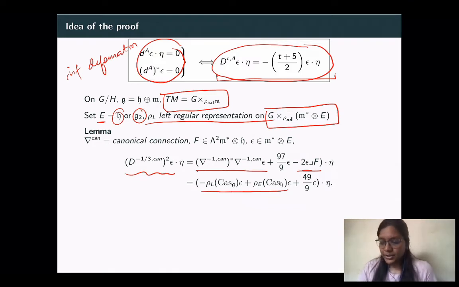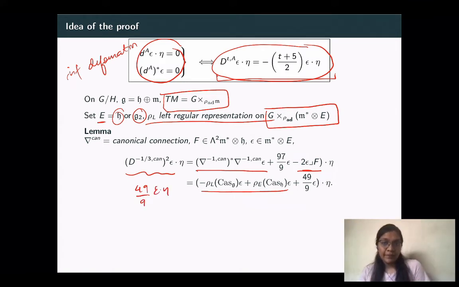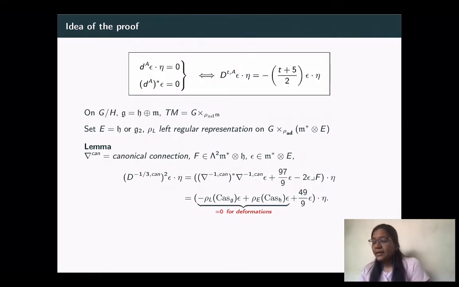Then we get this equation, and in fact what we get is that this term is exactly 49/9 epsilon dot eta. If you work it out, which is not very difficult, then you get that this term is exactly 49/9 epsilon dot eta.